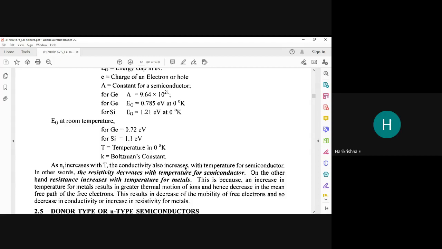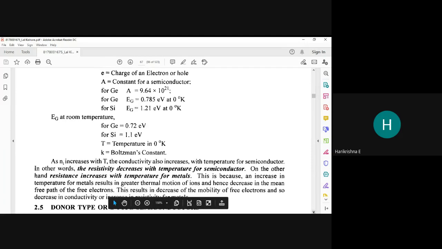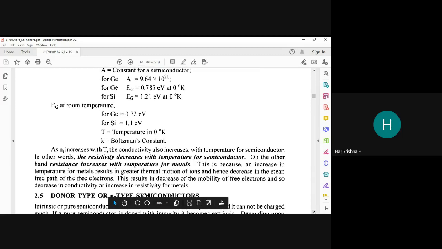So these are all the parameters we discussed till now. The first parameter we discussed is the drift velocity, mu is mobility, E is the applied electric field intensity, J is current density, sigma is conductivity. Then how the conductivity changes with temperature was discussed up to this point. Now, donor type or N type semiconductor.